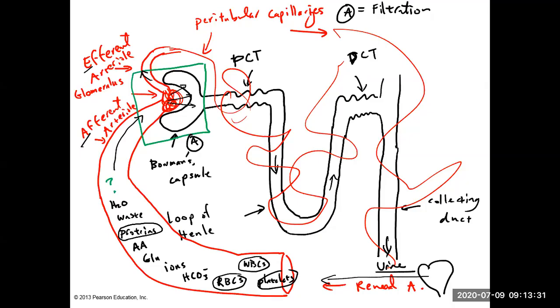By the way, proteins as well as ions can maintain osmolarity. That was a very important concept we learned in chapter 3, and we further discussed it with the cardiovascular system as well.